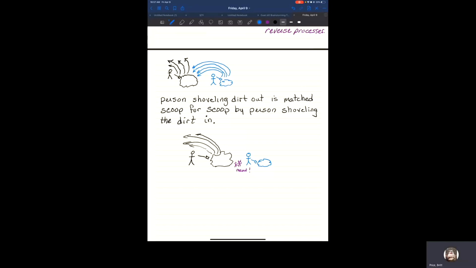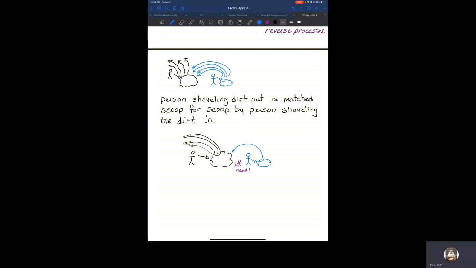Well, what happens to the amount of dirt that this second worker is going to be putting in? It goes down, right? So they're going to get one scoop back in because the little kitty's so dang cute. This is what's happening with salt.